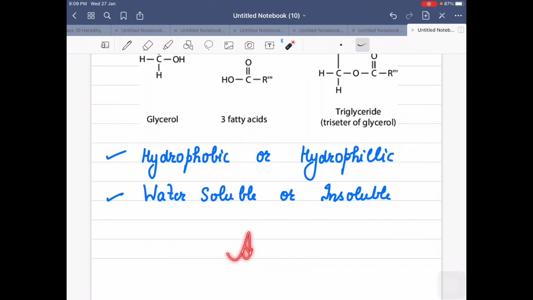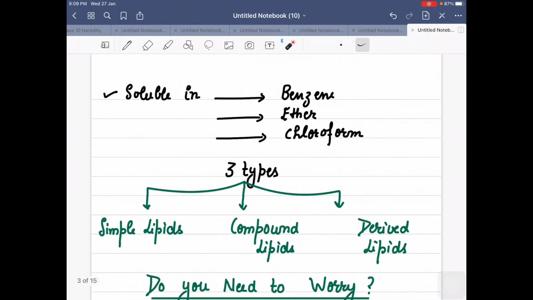We will also talk about amphipathic molecules, which are your phospholipids, both hydrophobic and hydrophilic, but lipids are usually hydrophobic. They are water insoluble. They are soluble in non-polar solvents like benzene, ether, and chloroform.